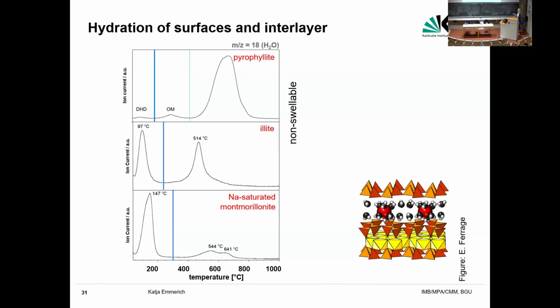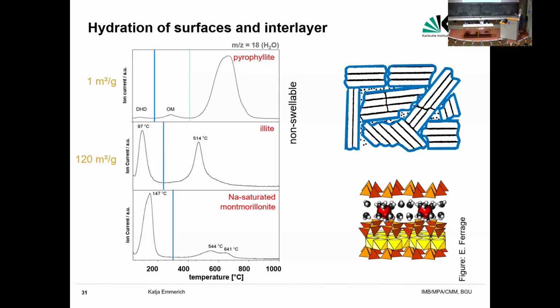And in the case of the montmorillonite, you see peak temperature is much higher than 100 degrees Celsius for the dehydration. And you see the intensity ratio, when you compare the dehydration peak with the area under the dehydroxylation peak, then you see we have a very strong dehydration. Quite a lot of water is evolved during the dehydration.